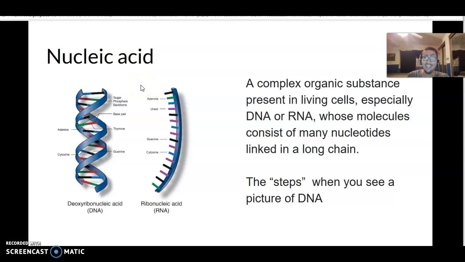Nucleic acids. The technical definition is a complex of organic substances present in living cells, especially DNA and RNA, whose molecules consist of nucleotides linked in long chains, right? So the nucleic acids are adenine, this is for RNA actually, uracil, guanine, and cytosine, right?